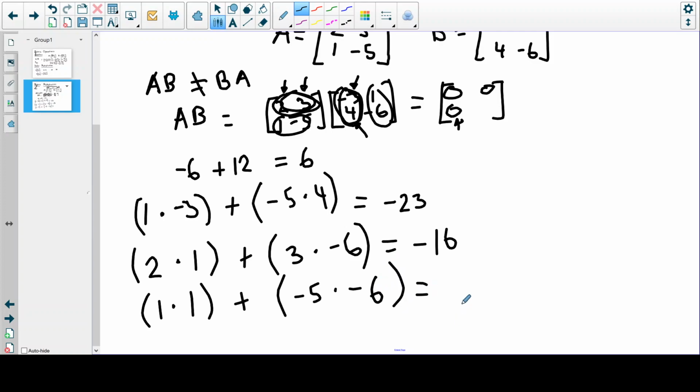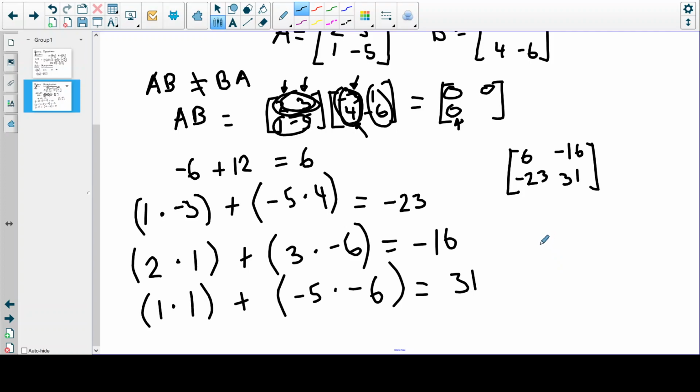And so that's going to equal 1 plus 30. So that's 31. Right. So then your final matrix is going to be all these terms compiled: 6, -23, -16, and 31. So that's going to be the multiplication between A times B.